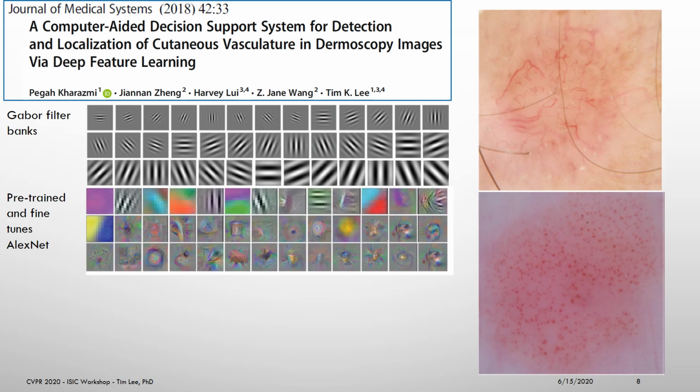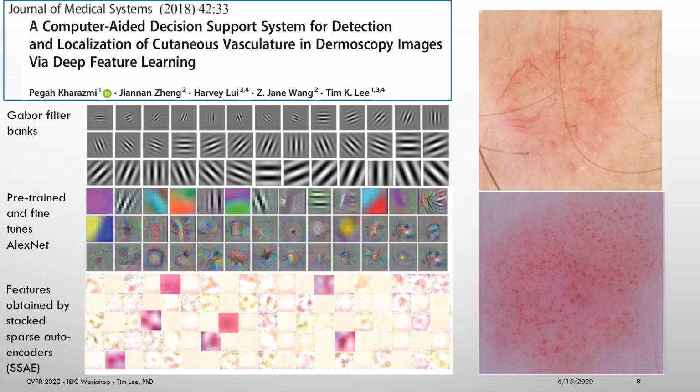Some of them appear to have the shape of basic texture features similar to the Gabor filter banks, showing parallel structures, while many others look like natural features related to the ImageNet images, such as animals and trees. But none of these features are associated with blood vessels.